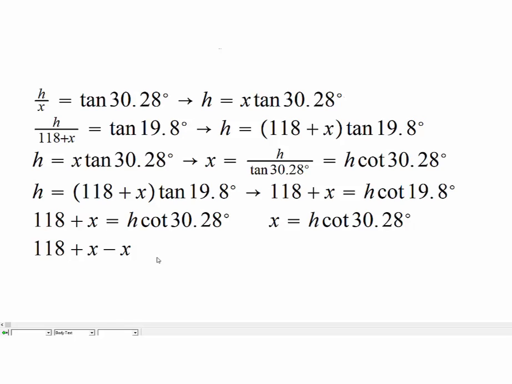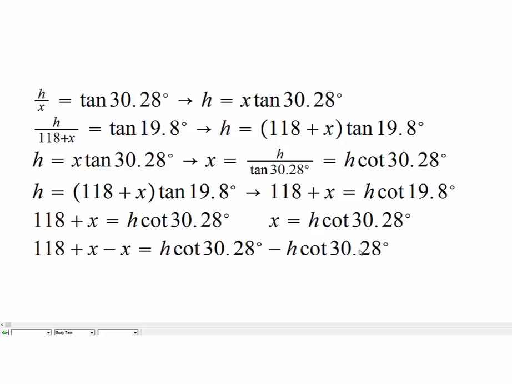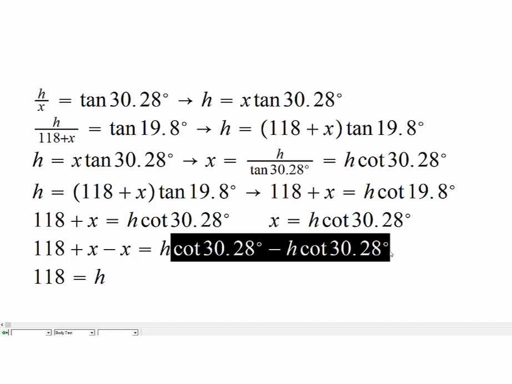And that equals how much? Then this quantity minus this quantity right here. So the x's cancel, and 118 becomes h times this whole thing.